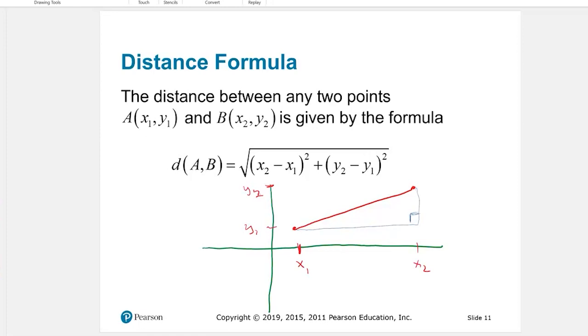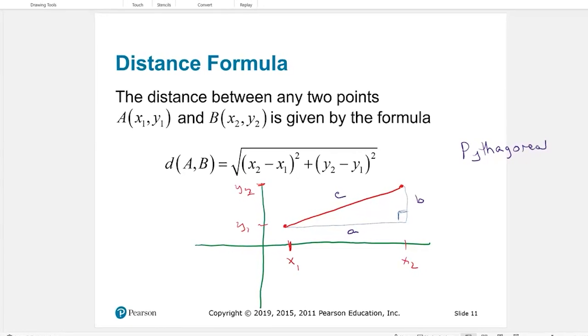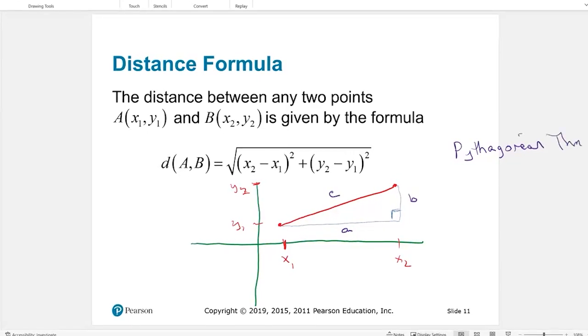And since I made a right triangle, and if I call this A and I call this B and I call this C, most of you have heard this before. This is just the Pythagorean theorem. Remember, the Pythagorean theorem says I have a squared plus b squared equals c squared, right? Well, let's kind of figure out what this all means.